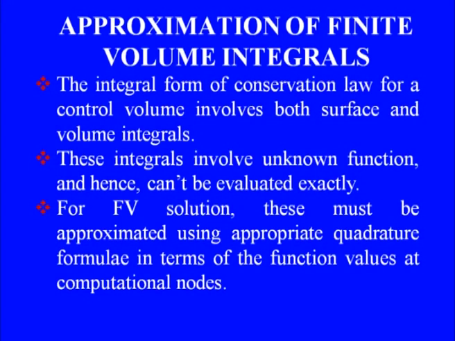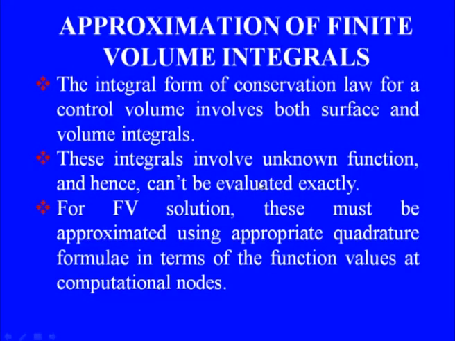Now next let us have a look at the approximations which are involved in finite volume formulation. What we saw, the integral form of the conservation law, has both surface and volume integrals, and these integrals involve unknown function values, and hence we cannot evaluate them exactly. In fact, they cannot be evaluated because they are in terms of the unknown function values.